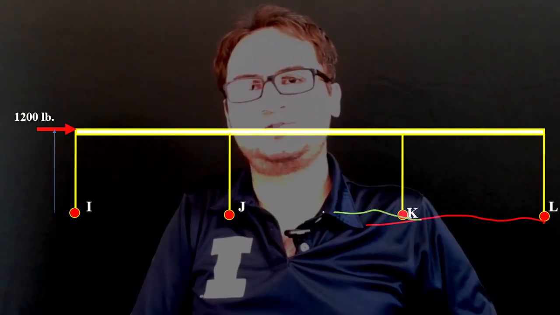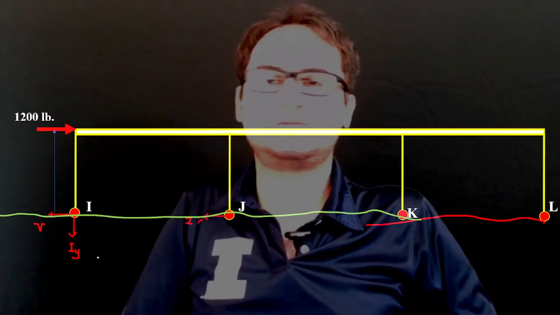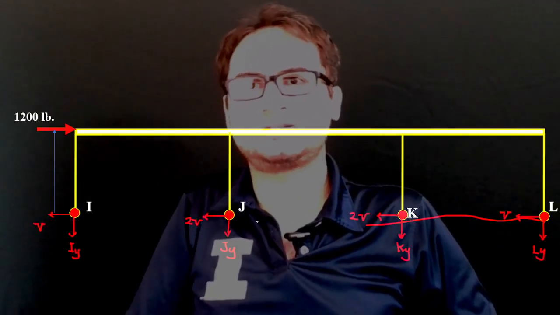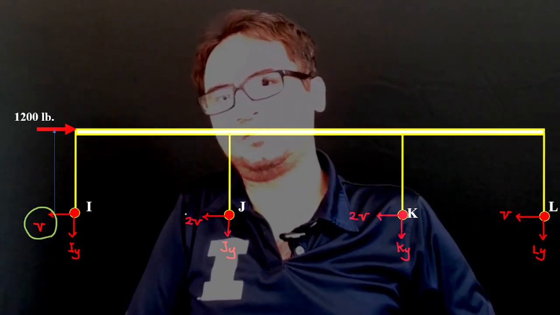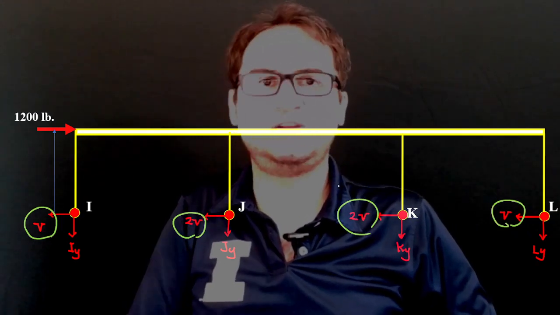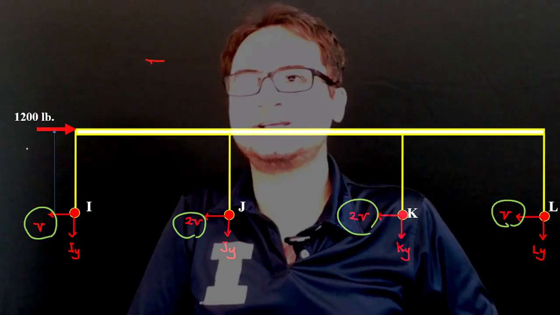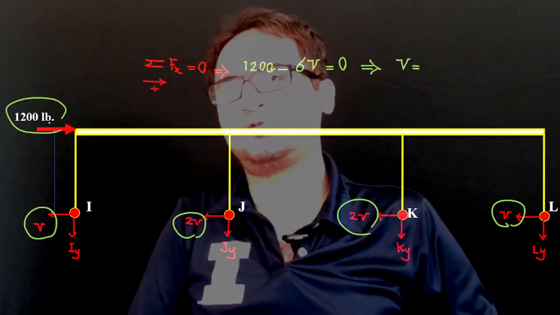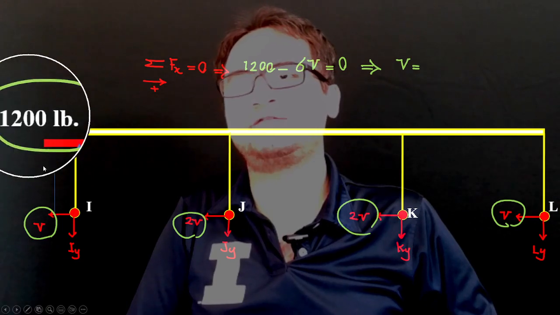So as you cut your structure through by this line, we already know the share of horizontal force, which is V at the sides and then 2V at the center, and they are responsible for the total of 1200 pounds, which we have here.